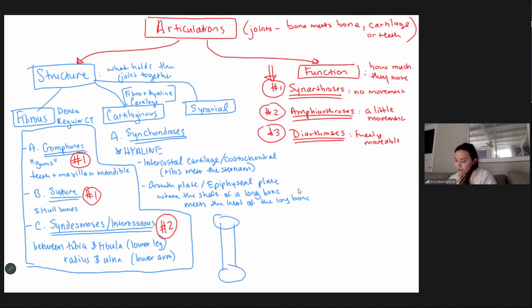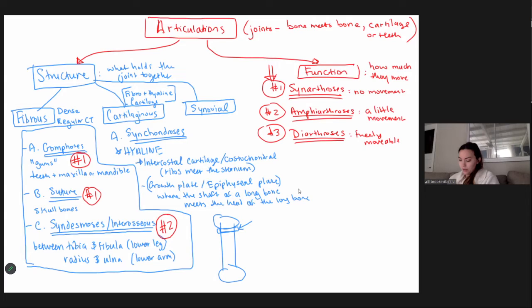So at this point right here, this is the meeting point, and this is the growth plate or epiphyseal plate. So when somebody is growing up and they're getting taller and taller, this is where that's actually growing and allowing length in the bone. So what type of joint is that? A synchondrosis joint.